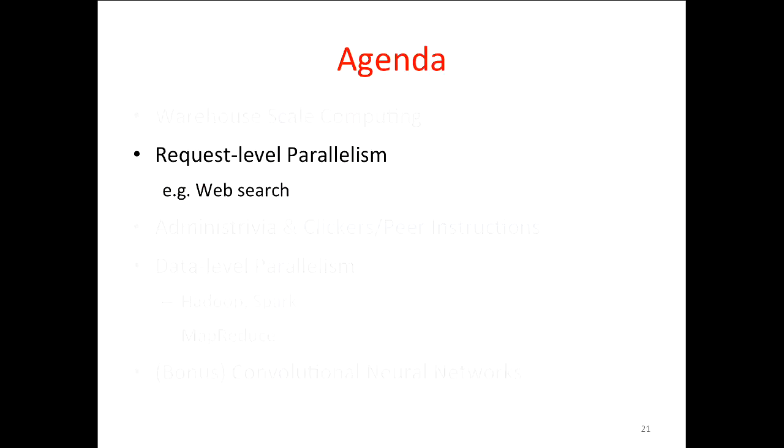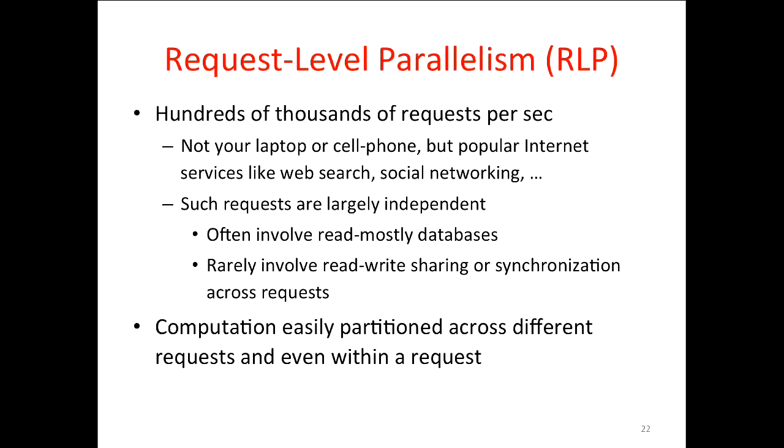Okay, so then let's move on to another topic, which is request level parallelism. Request level parallelism exists because there are hundreds of thousands of requests in a very short time. This doesn't occur on your laptops or your cell phones, but it occurs on a warehouse scale computer, like those running web services, including web search, social networking, and video sharing. The point is, these requests are independent of one another.